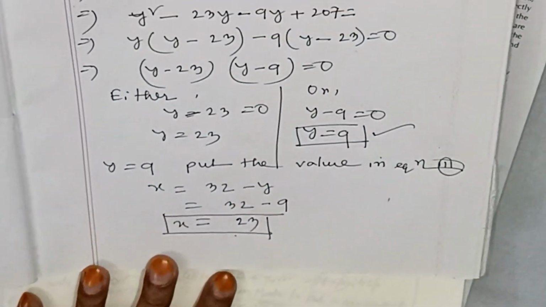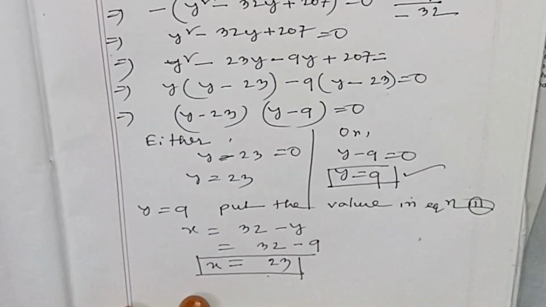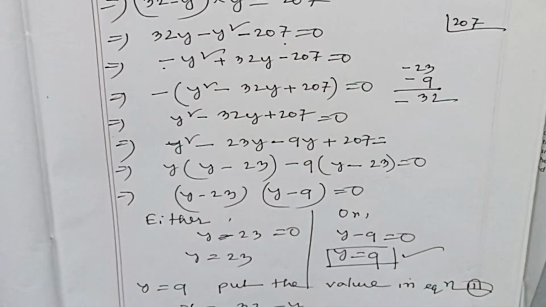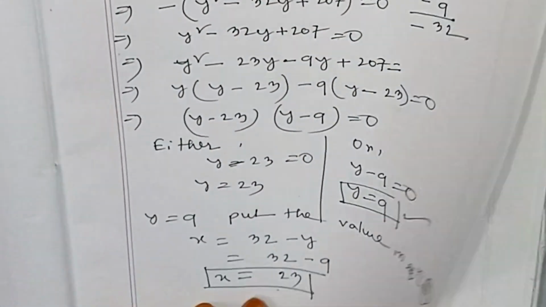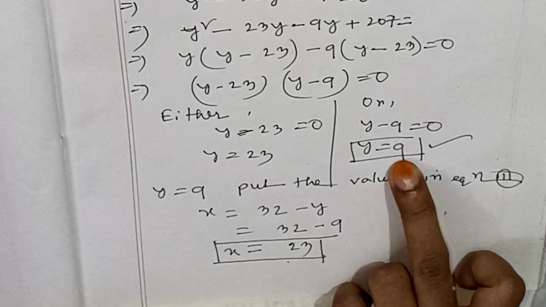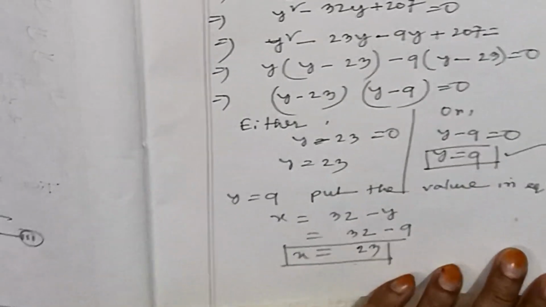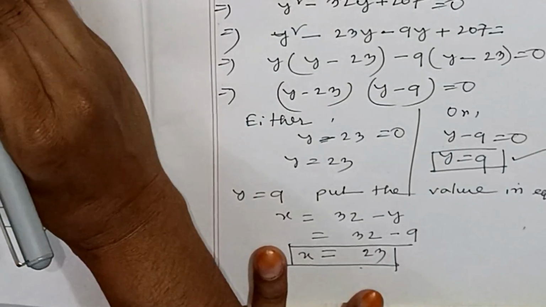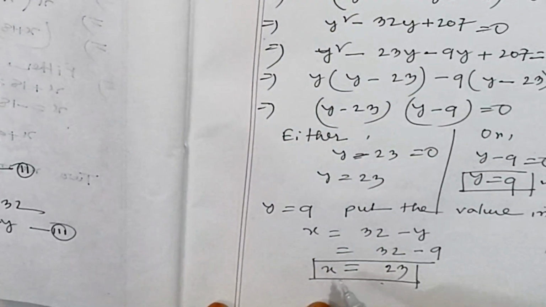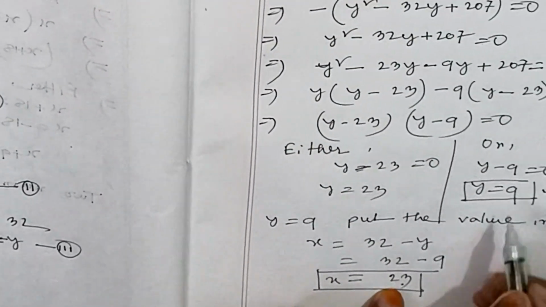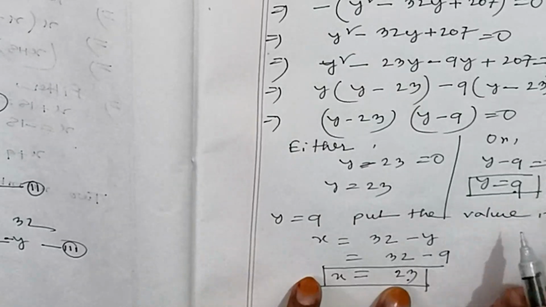Since the length of a rectangle usually refers to the longer side, that's why the length of the campsite is 23 meters and breadth is 9 meters. Length of a rectangle usually refers to the longer side. This is key, the longer side. That's why length is 23 and breadth is 9.